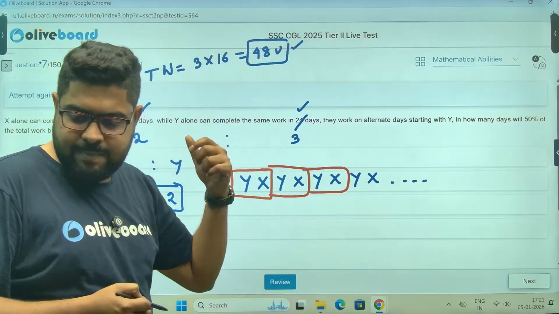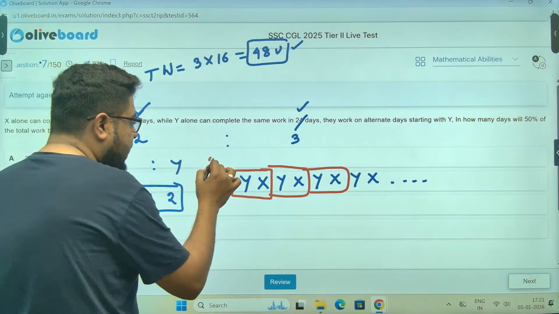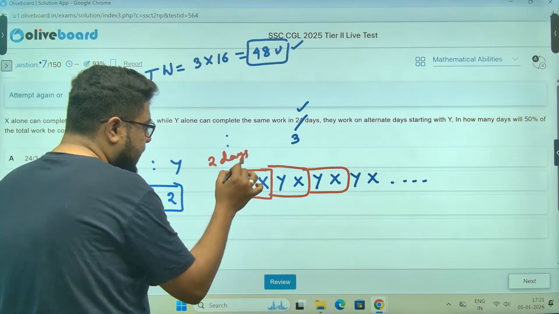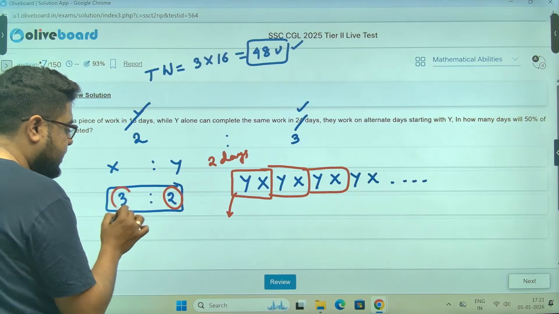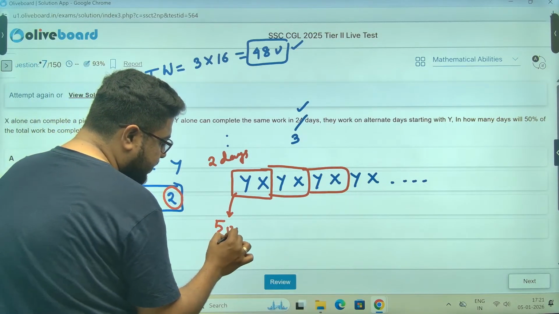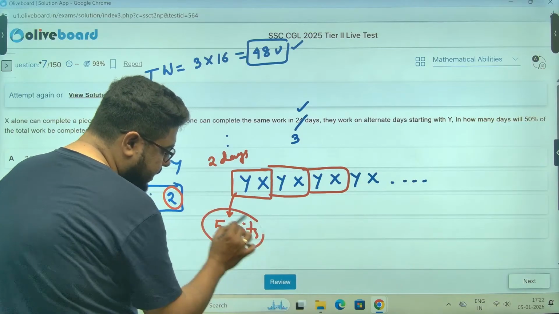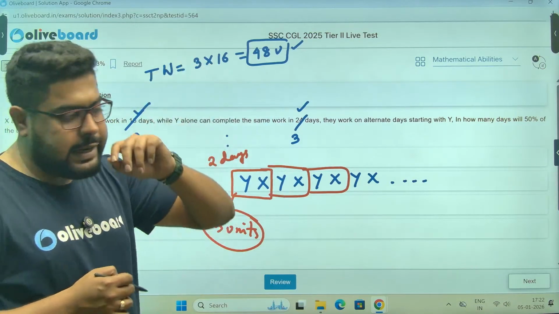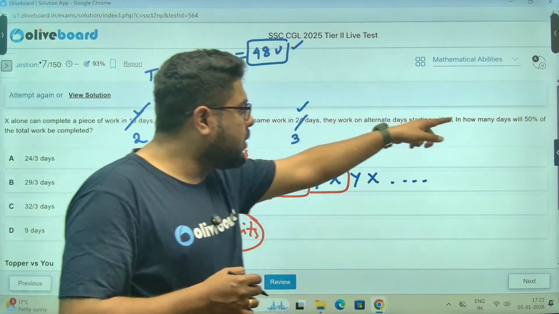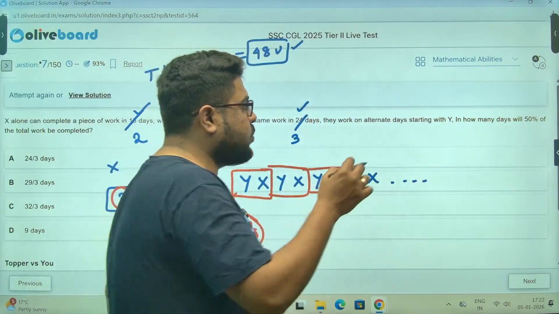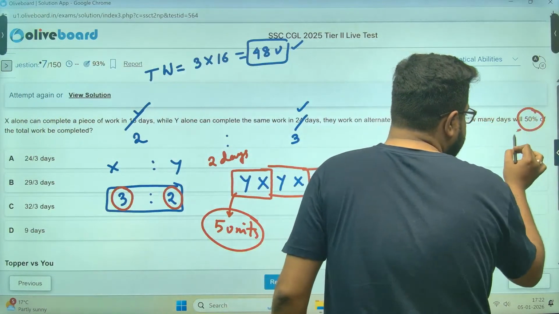You see YX. Each packet is of 2 days. How much are they working in every packet? Y is completing 2 units, X 3 units. Total 5 units is getting completed in every packet. How much work do I need to do? I don't need to do the whole 48 units. I need to do 50%, meaning I need to do 24 units.